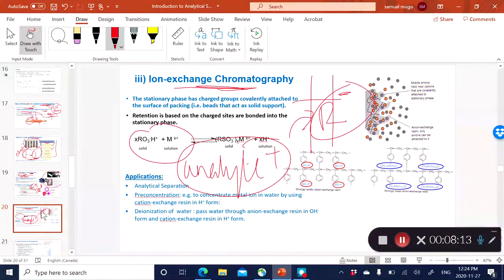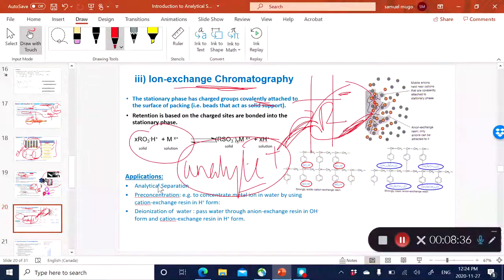And based on that electrostatic interaction, you get your separation done. So you can see in this case, the kind of bonding that is formed between the analyte and the stationary phase is fairly strong. Sometimes it's a covalent or electrostatic interaction. So it's a fairly strong bond.